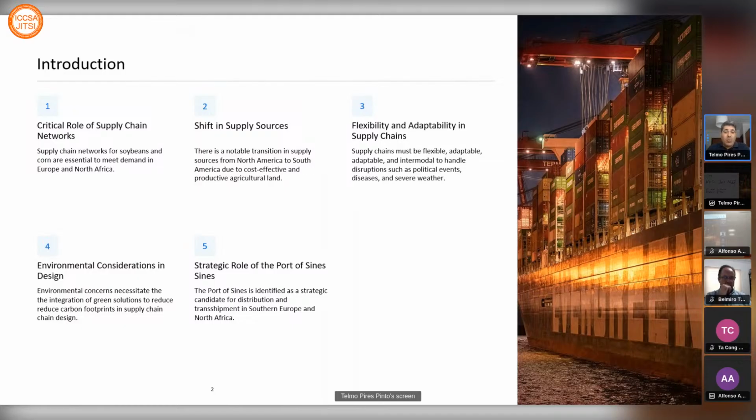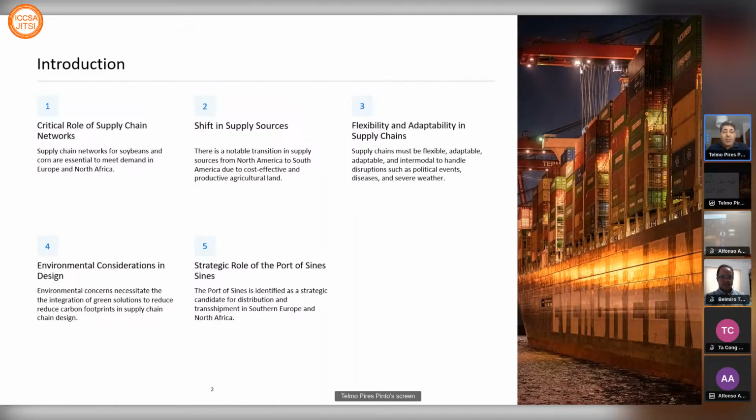To manage these risks, such as political instability, diseases, as COVID outbreaks, and severe weather conditions, the supply chains must be flexible, adaptable, and able to use multiple modes of transport. That's why it is important to have intermodal transportation.